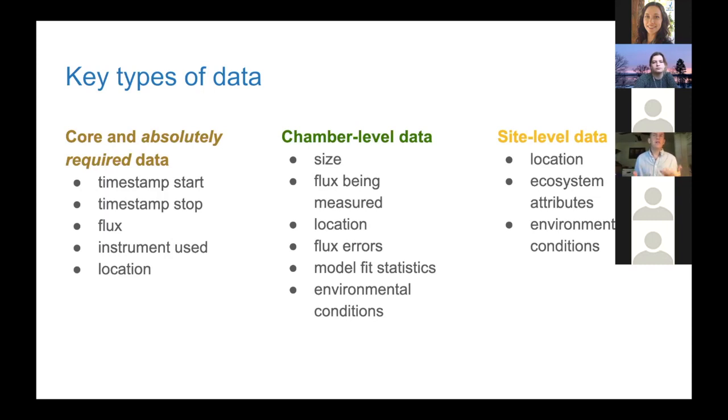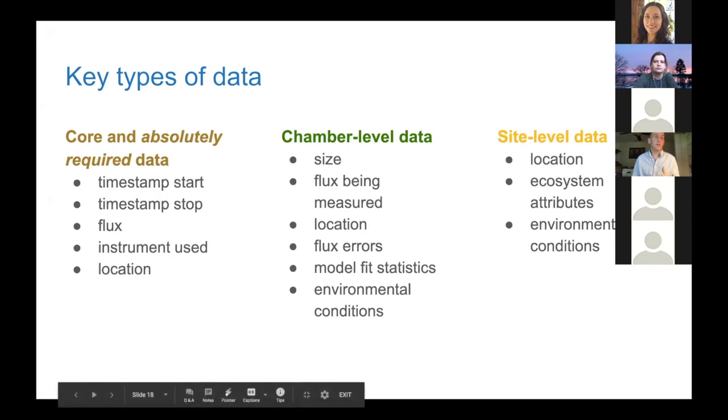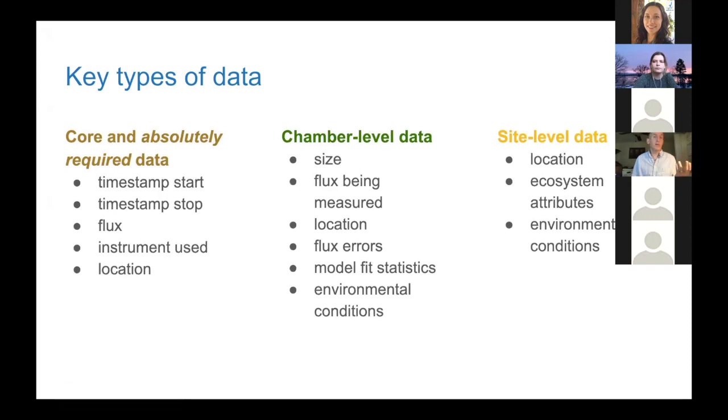And these include the chamber level data, right? What's the size of the chamber? That's, say, in terms of its footprint, its actual location versus a general location for the site. The errors and model fit statistics on those calculated flux values. So this is not a model where it accepts raw instrument data.